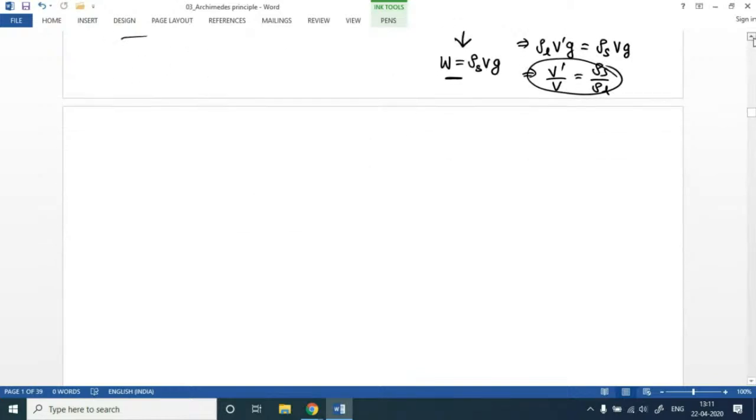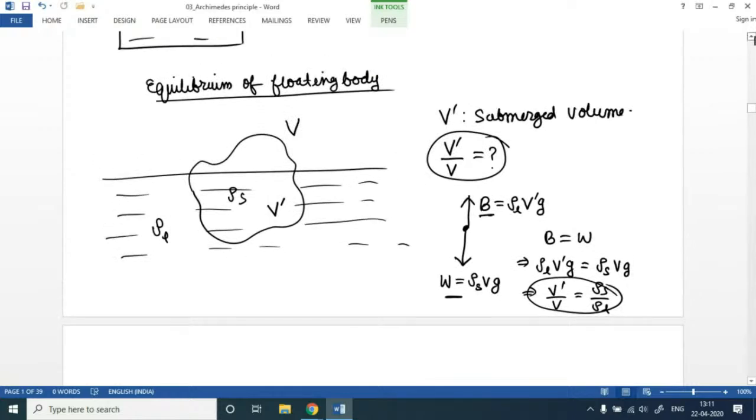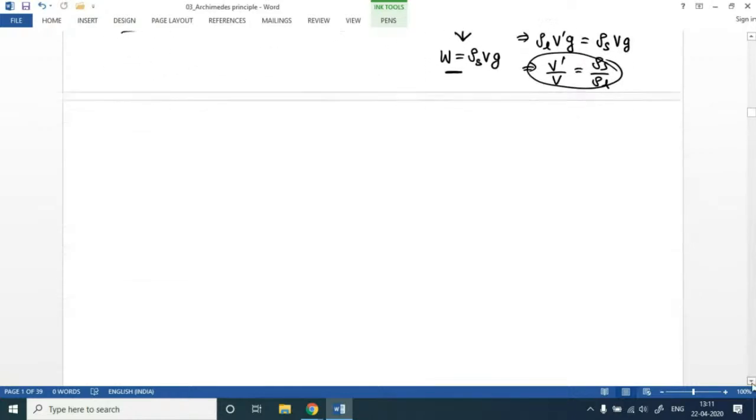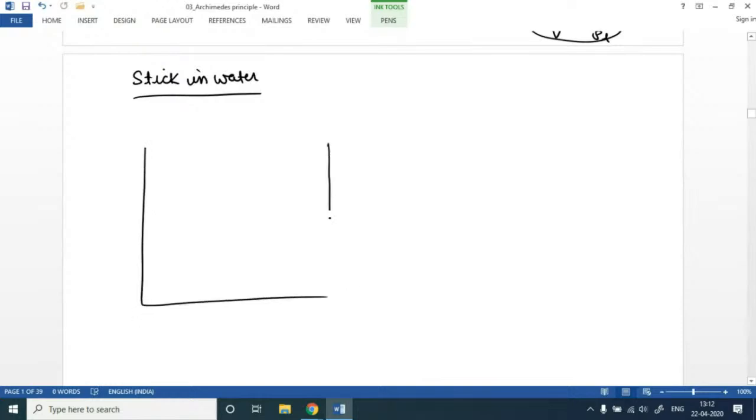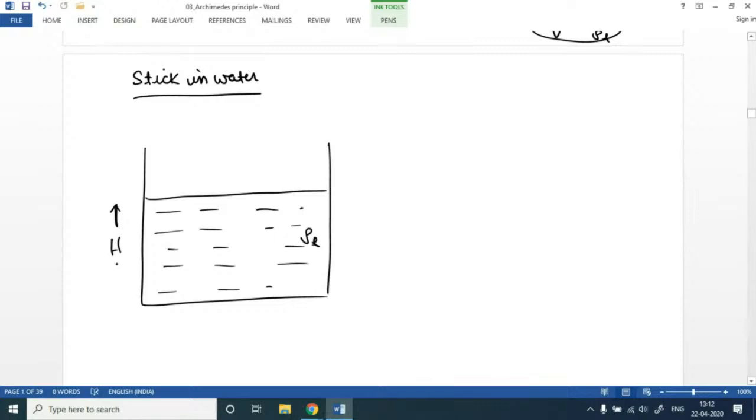Here we have only considered the translational equilibrium of this floating body. Let's discuss one case where we will be looking at the rotational equilibrium of the body. So let's have the stick in water problem. Let's say we have some beaker filled with some liquid of density rho L up to a height of h.